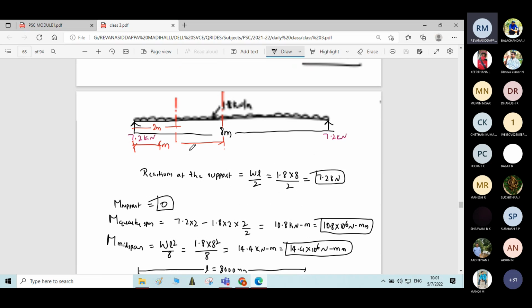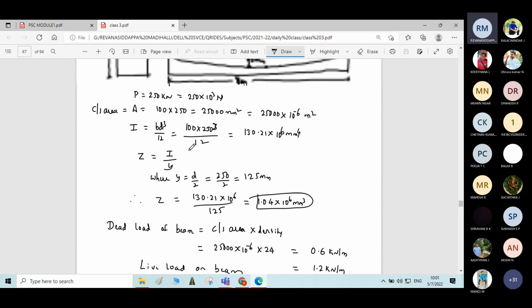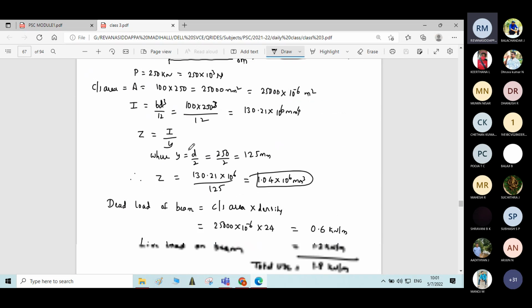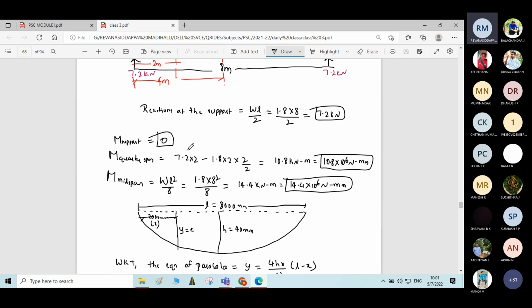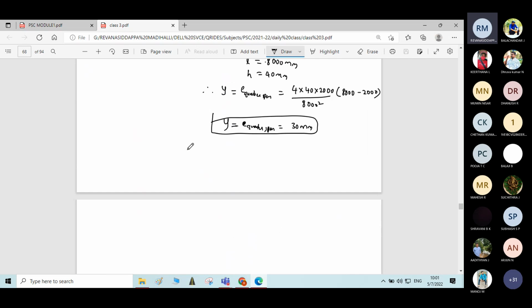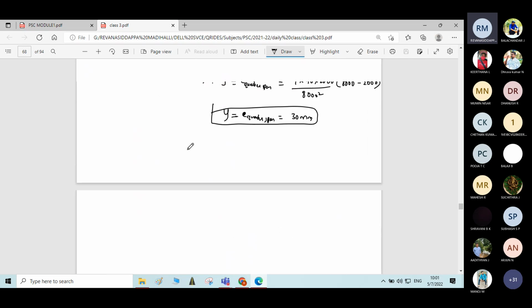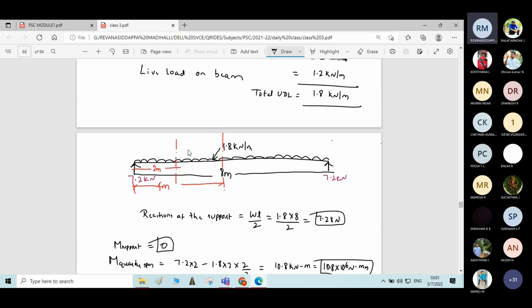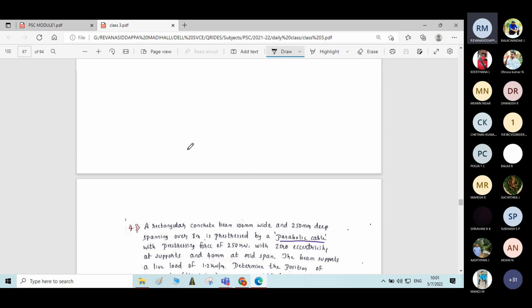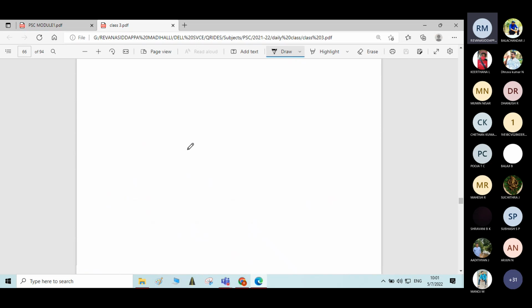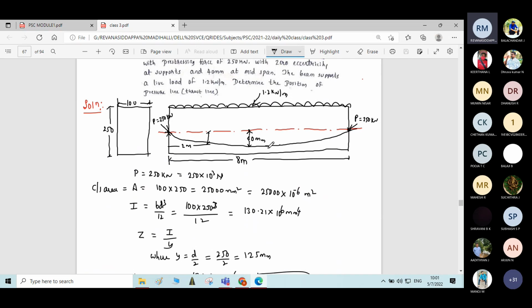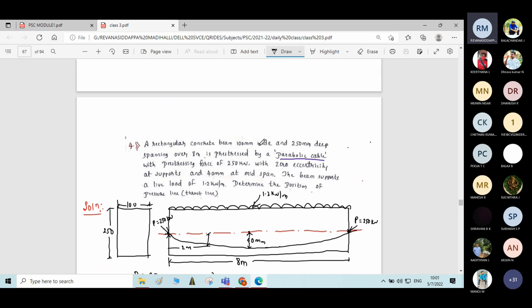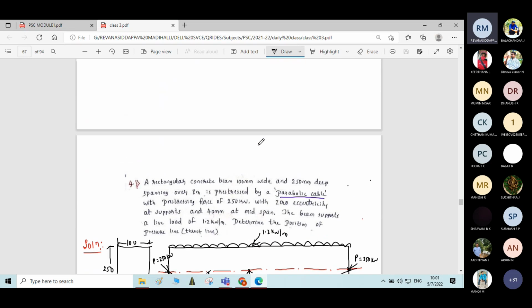Now we have calculated all the required parameters for the calculation of the stress distribution diagram. As I said, the cable given here is a parabolic cable, so the e is equal to M by P formula is not applicable.